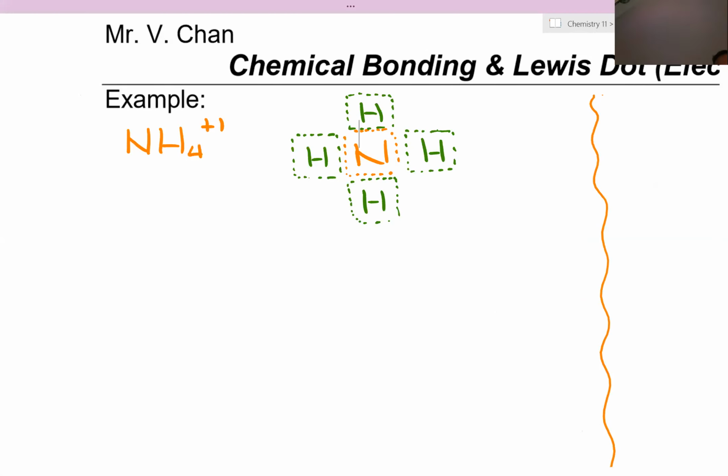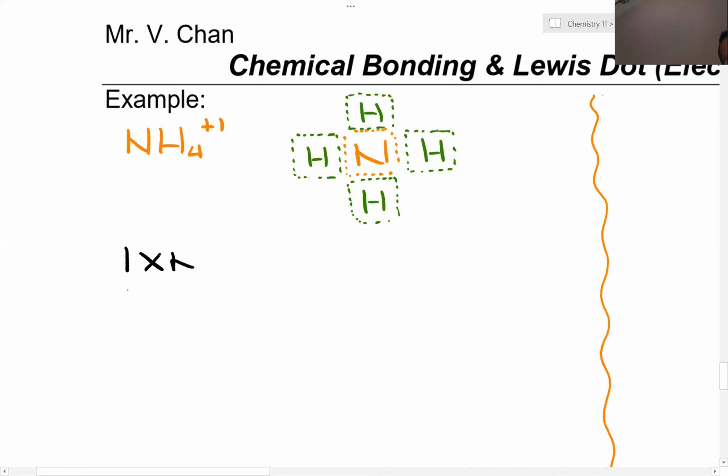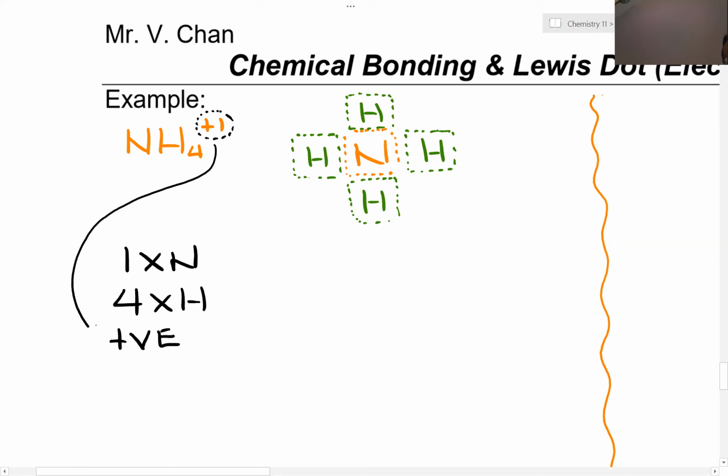Step number 2, remember we have our valence electrons. So we have 1 times nitrogen, 4 times hydrogen. And because it's a positive, why is it a positive? Because it has a +1 charge right here.